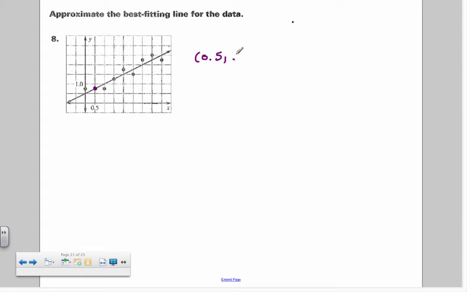So maybe let's say 0.75 for my y. Okay. For the second point, I'll use this point. This is 0.5, this is 1, this is 1.5. So for my x, it'll have 1.5. And for my y, I'm slightly above 1, but not quite to 1.5. So I'm going to say 1.25.